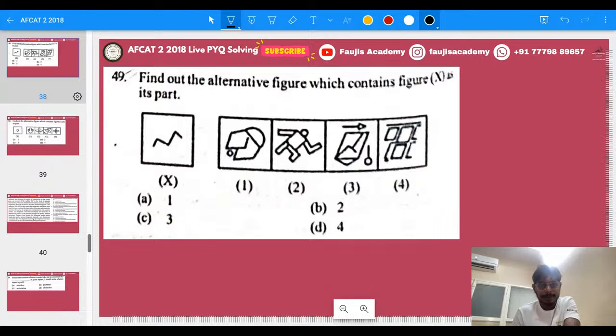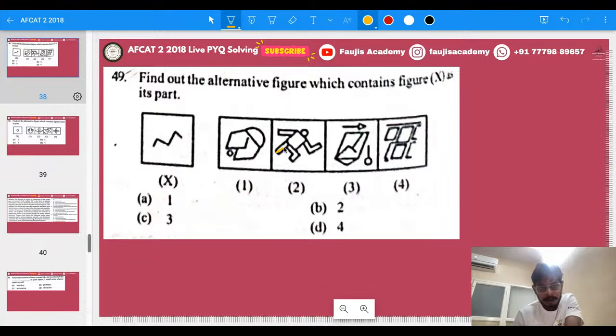You have to prove the conclusion wrong. Can you prove the conclusion wrong without flouting any rules? If you can prove the conclusion wrong, that means it doesn't follow. Keep that in mind. What do you think about question number 49, guys?